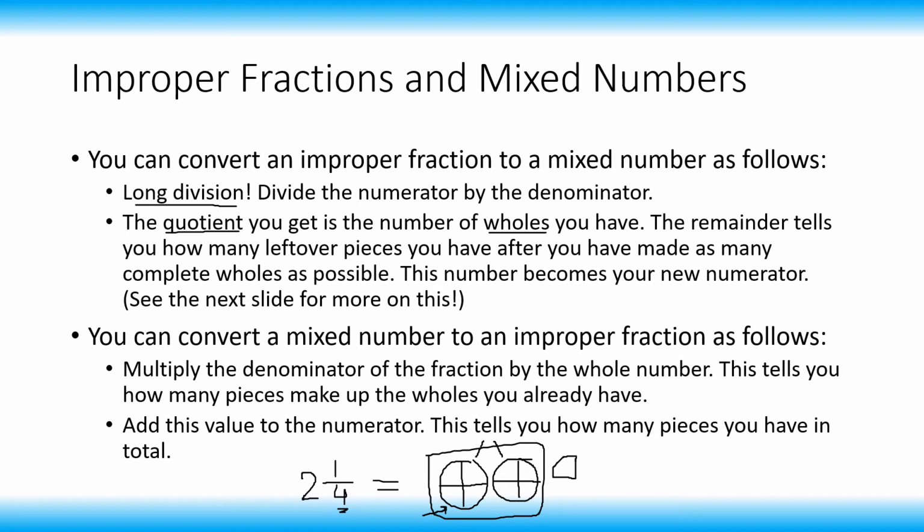So we multiply this denominator by this whole number, and that tells us how many pieces we have in just the complete pizzas. But then we have this little extra one that didn't make up a whole at the beginning, so we add that one on.